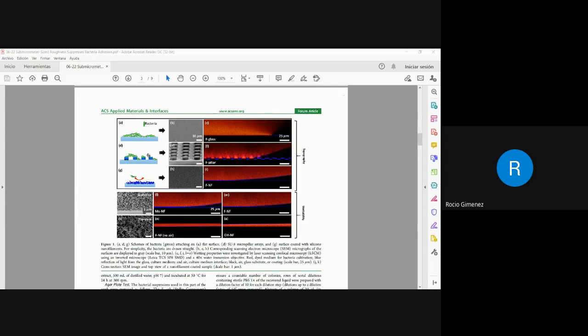The silicon nanofilaments were approximately 50 nanometers in diameter, and they prepared three types: superhydrophobic methyl-terminated nanofilaments, which they then activated with oxygen plasma so that these filaments became superhydrophilic. And then they also compared bacterial adhesion on fluorinated nanofilaments.